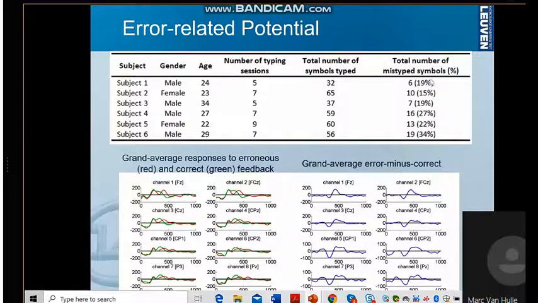So we see the number of characters that were mistyped, and on the bottom you see the plots. These are the grand average responses for all the subjects, plotted for individual channels. The green is the correct feedback, and the red is when the character is incorrect.